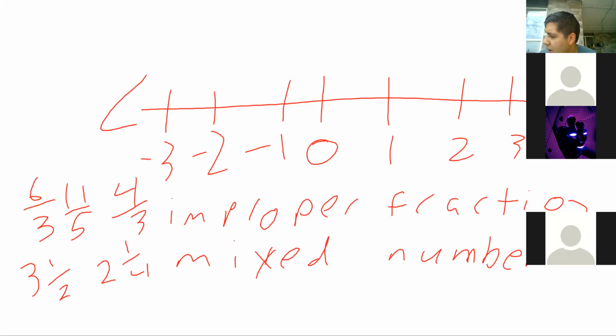Just draw it like this. Amber, what do we call them? Integers, right? So where would fractions go in the number line? In between, right?